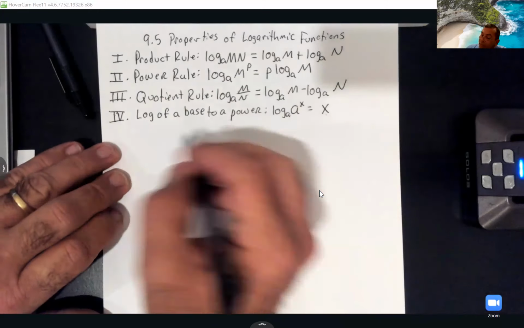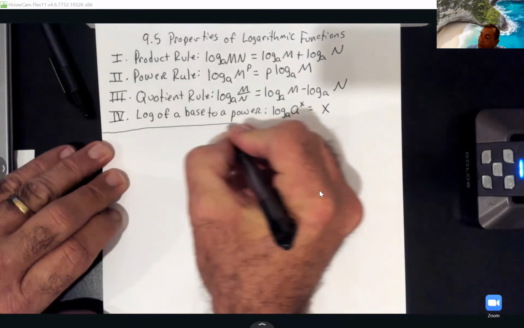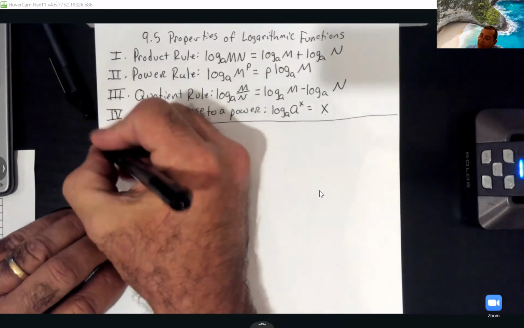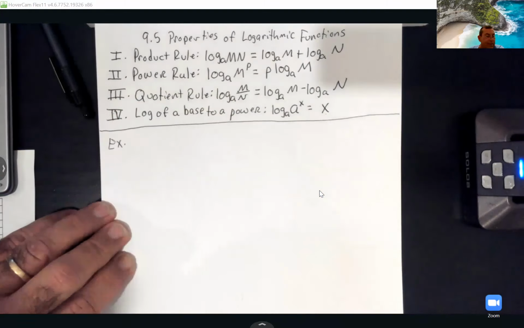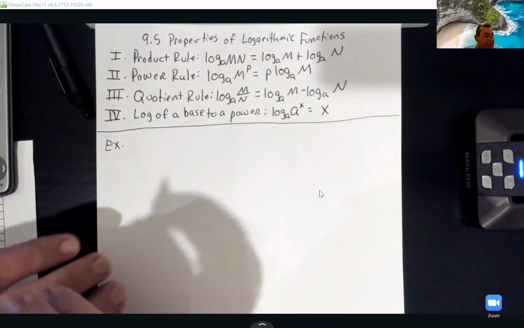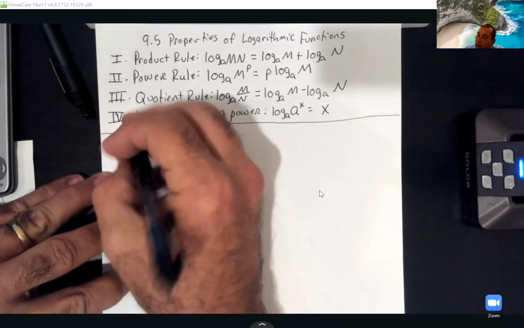So those are our four properties we're going to be playing with. So y'all, let's get cranking on these exercises. So the first one says, express as a sum of logarithms.